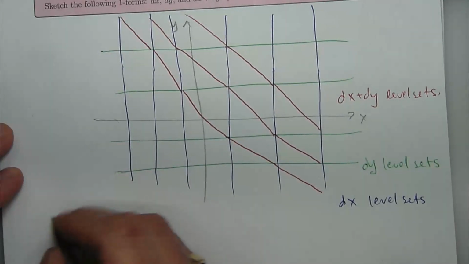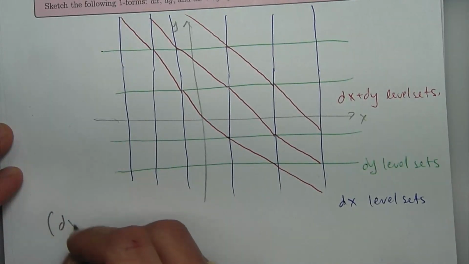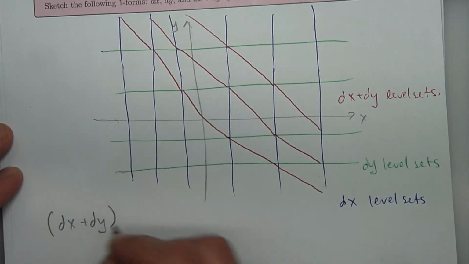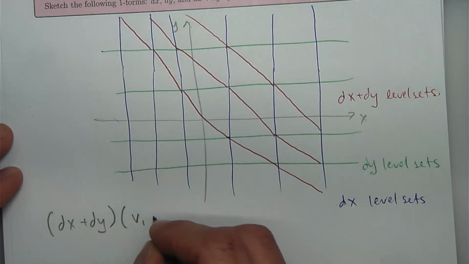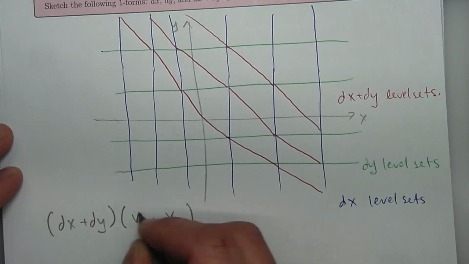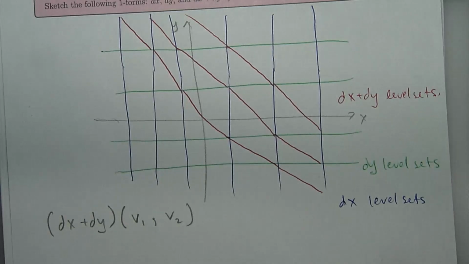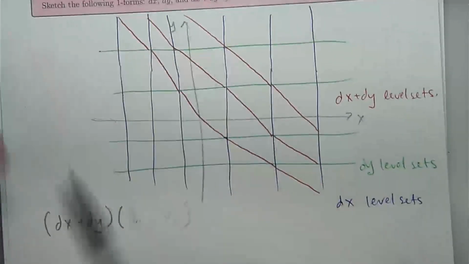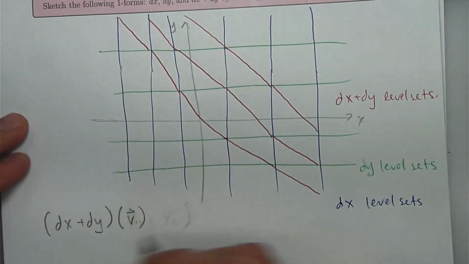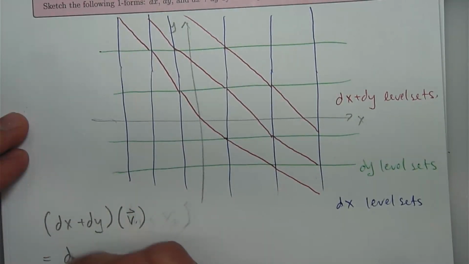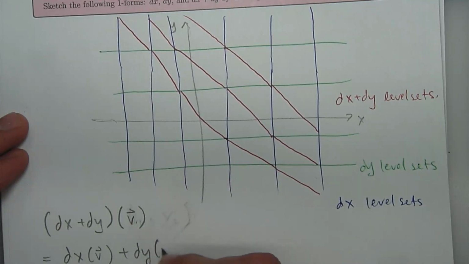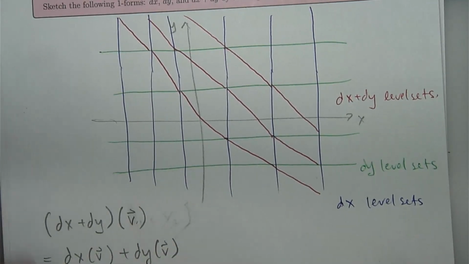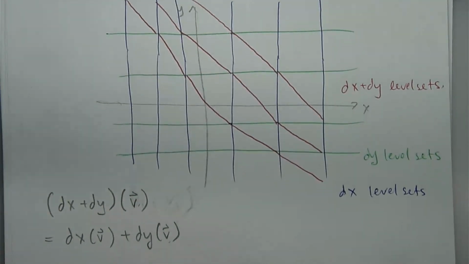So let's say we plug in a Cartesian vector v. Our second basis element will output the second entry of v.